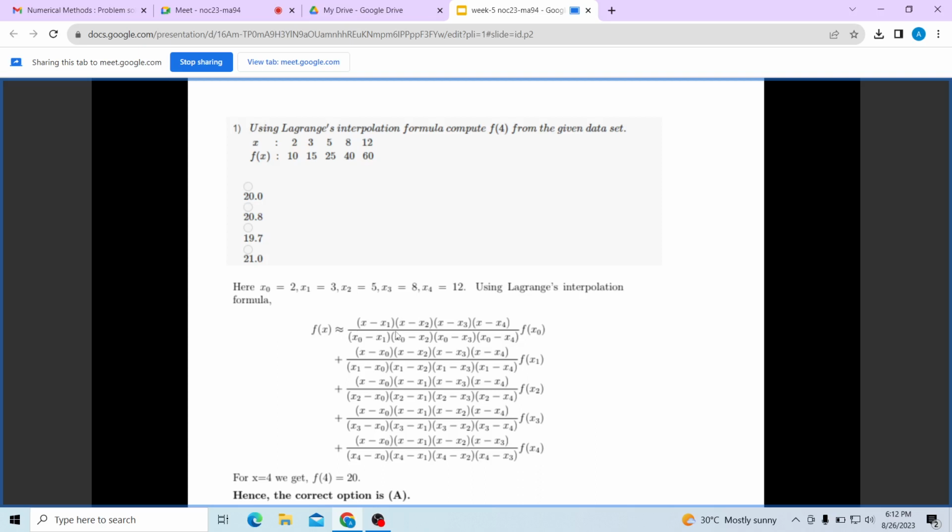Substitute the values of x, x1, x0, x2, x3, x4 and the corresponding function values at those points.